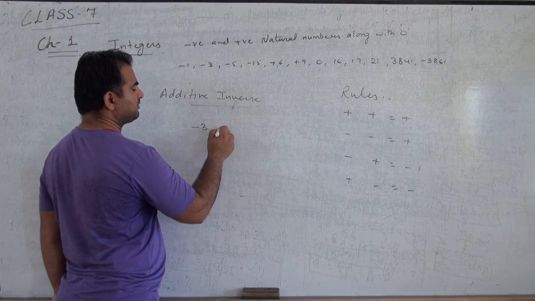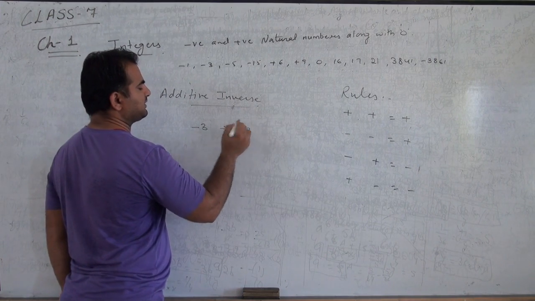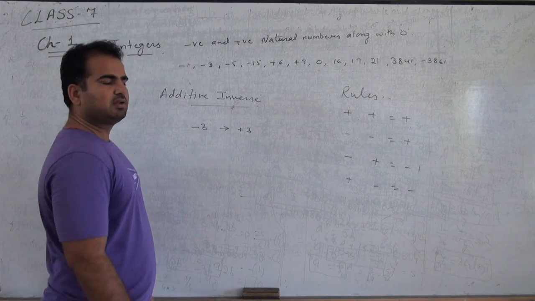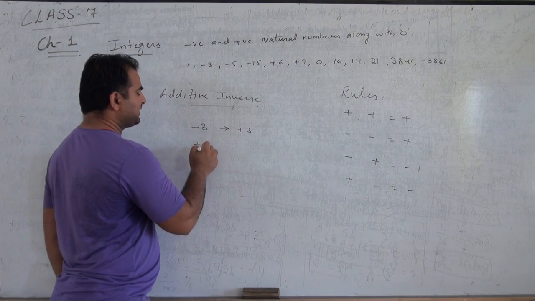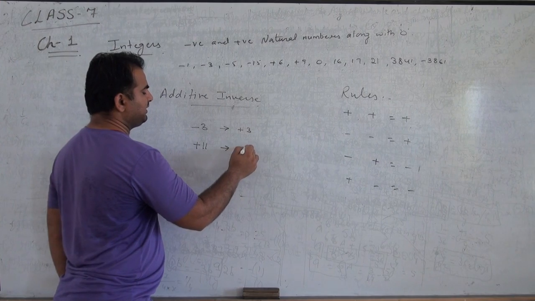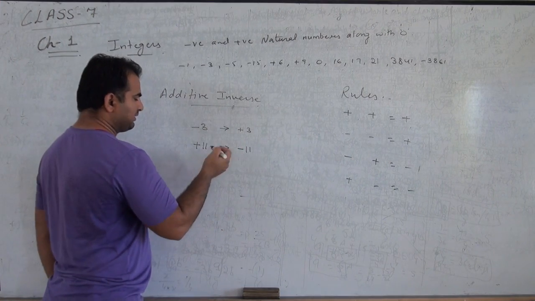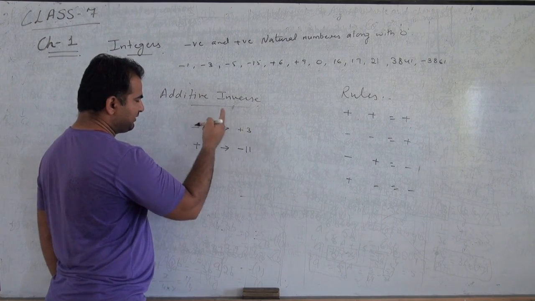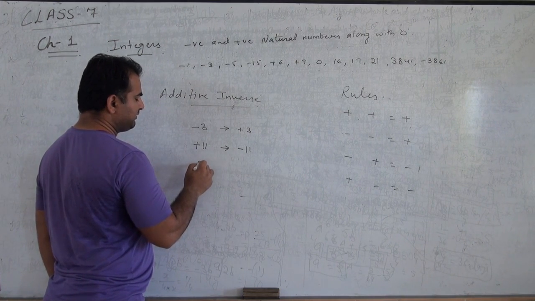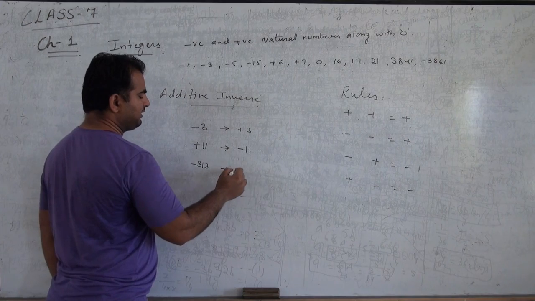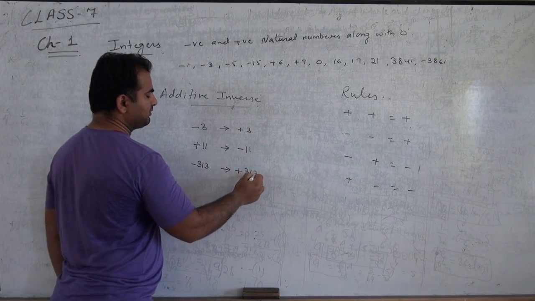It will be plus 3. What is the opposite of plus 11? It will be minus 11. What is the additive inverse of minus 313? It will be positive 313.